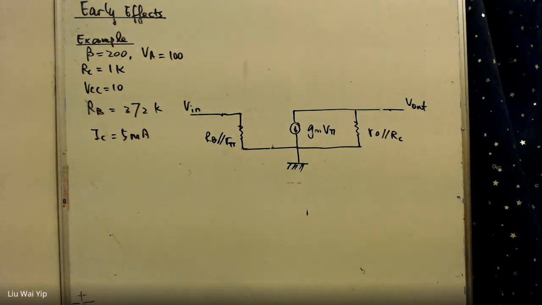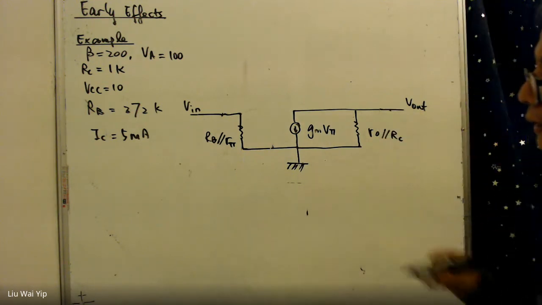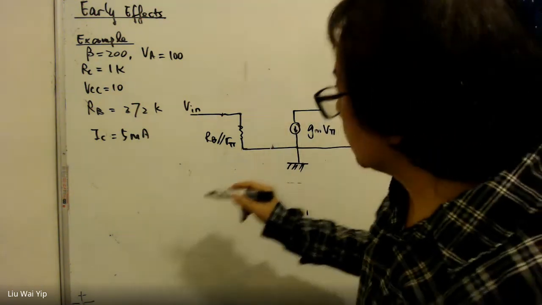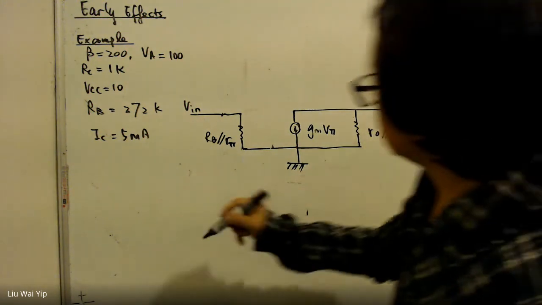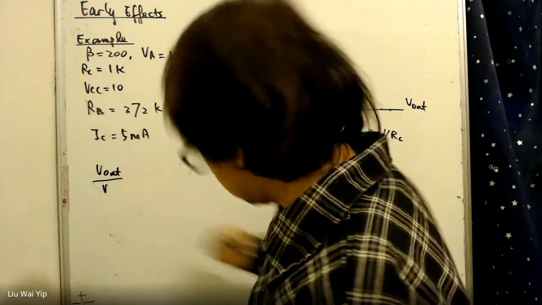Now we basically have almost everything. The next thing that we want is to calculate the voltage gain first, Vout over Vin.